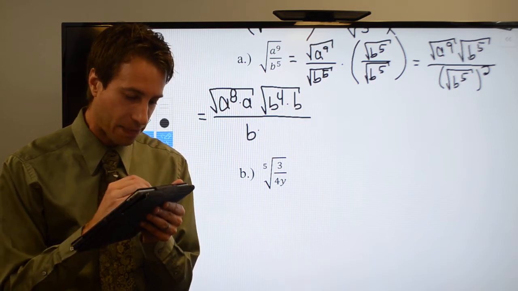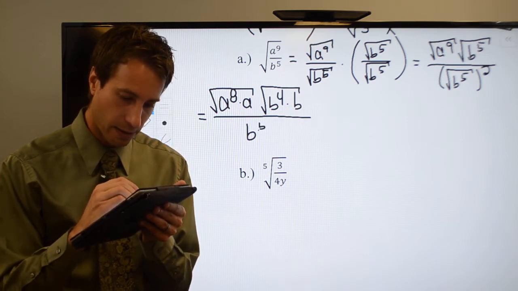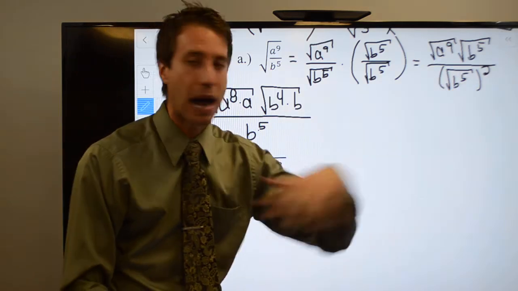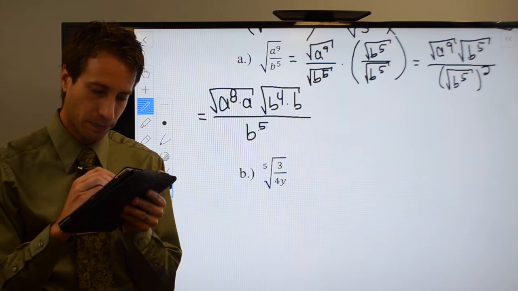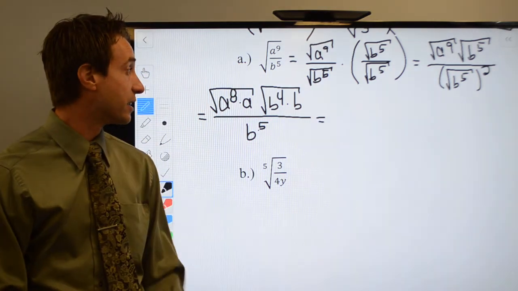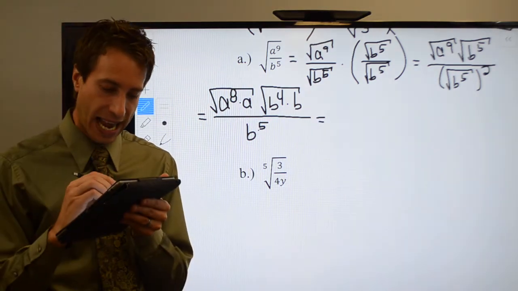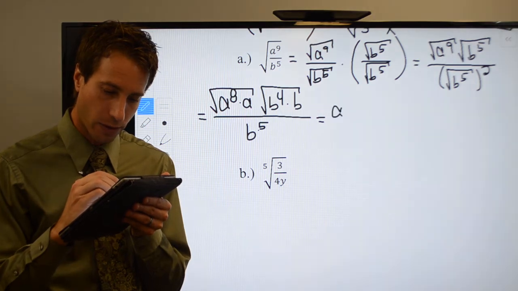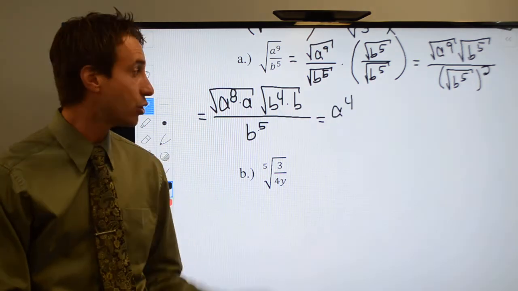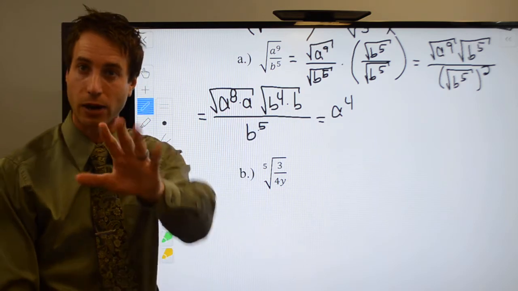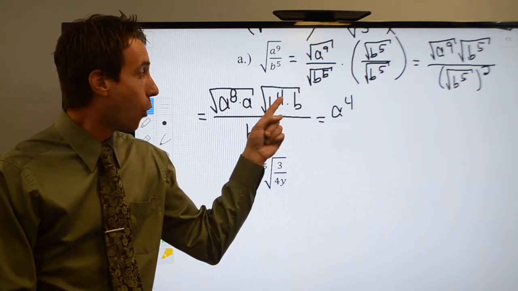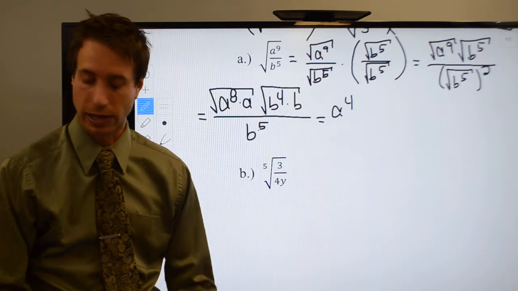And you're left with that b to the 5th because the index and the power are the same and they cancel each other out. So there we go. Well, 8 is divisible by 2, so I wind up with an a to the 4th. I don't need absolute value because 8 is even and 4 is even, but I'm left with the square root of a. 4 is divisible by 2, so I'll get a b squared.